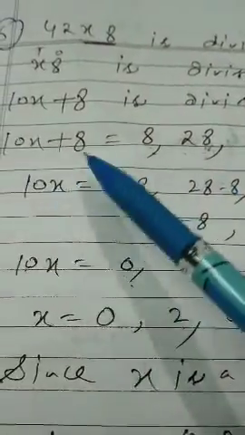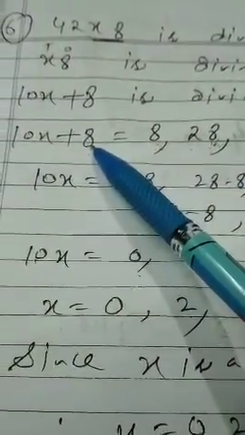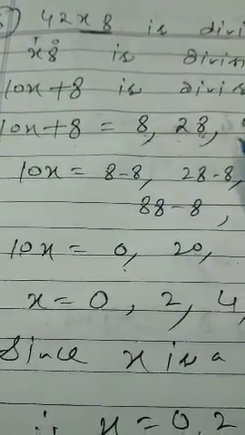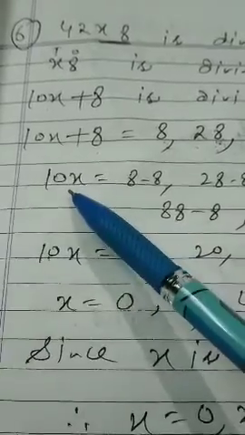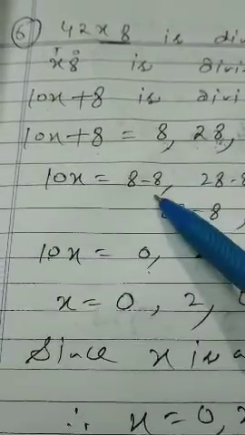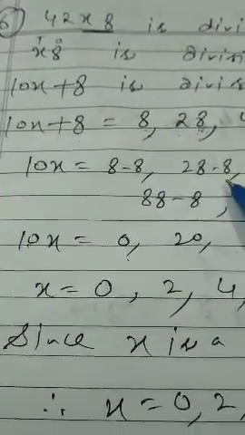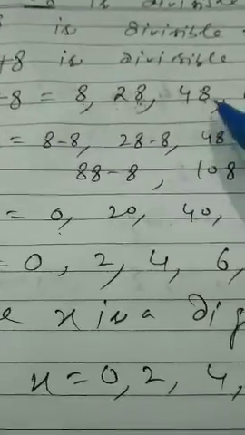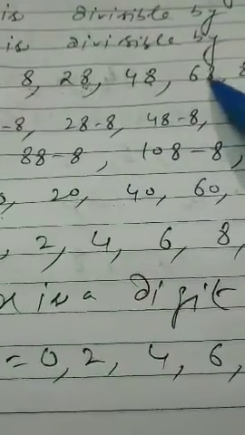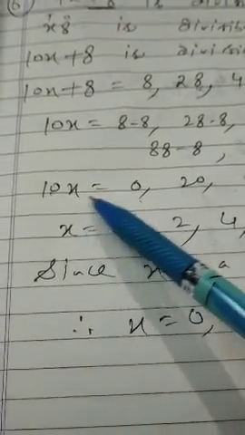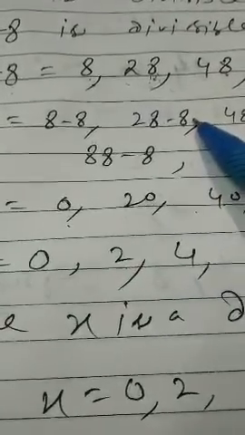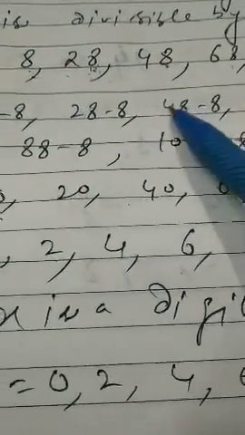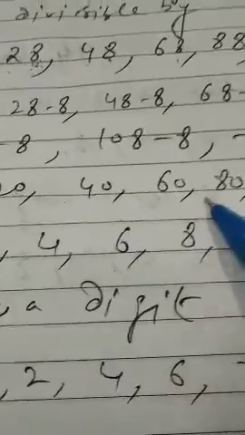Now it's time to subtract 8 from each and every multiple which you have written. In the next step, you will see 10x is equal to 8 minus 8, 28 minus 8, 48 minus 8, 68 minus 8 and so on.